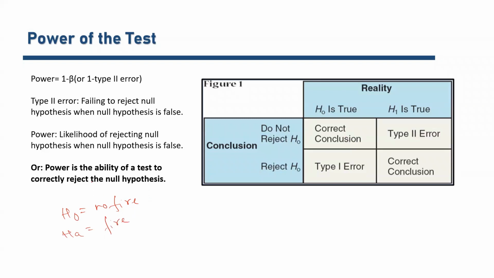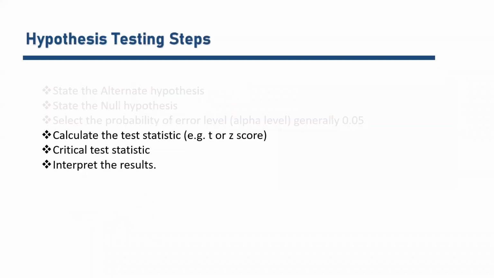So you understand now that the power is the ability of a test to correctly reject the null hypothesis. So you are rejecting the null hypothesis and correctly predicting that yes, there was a fire. This is the power of a test, right? The power of a test is actually determined by the type 2 error.